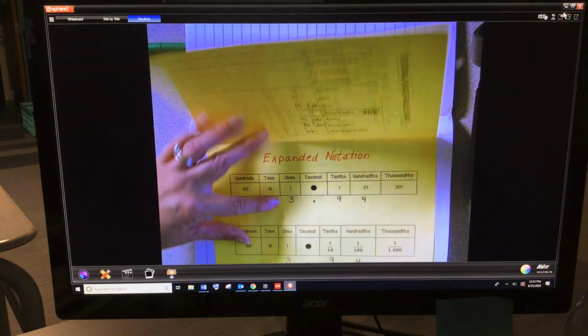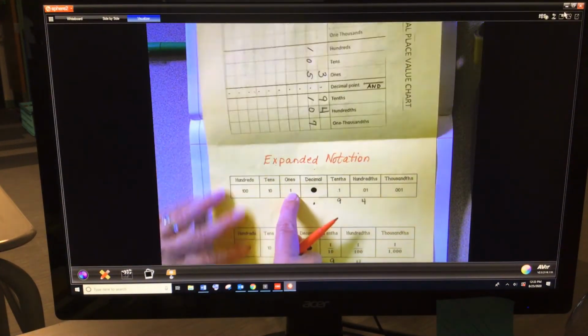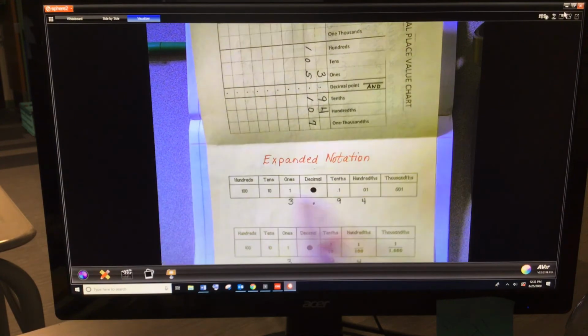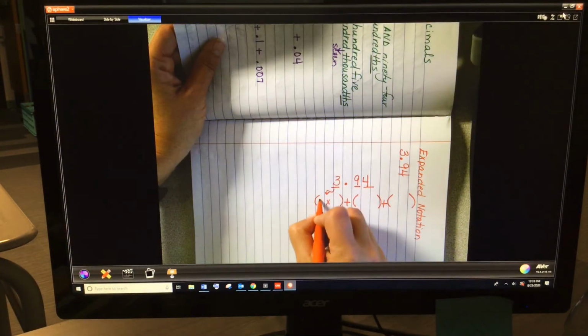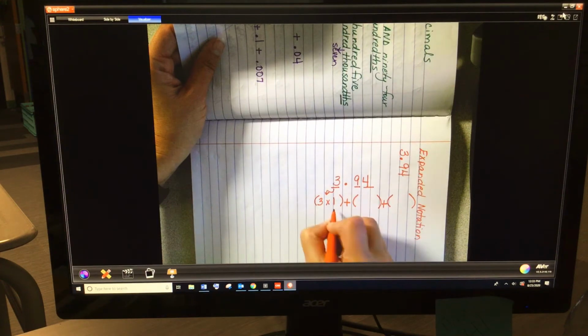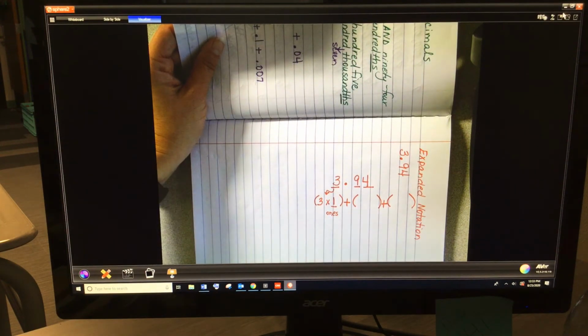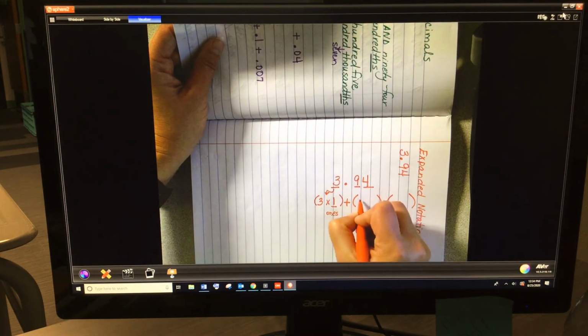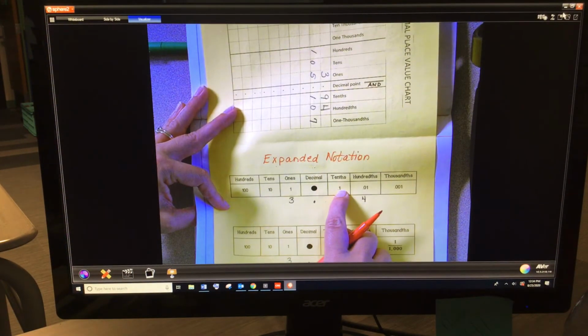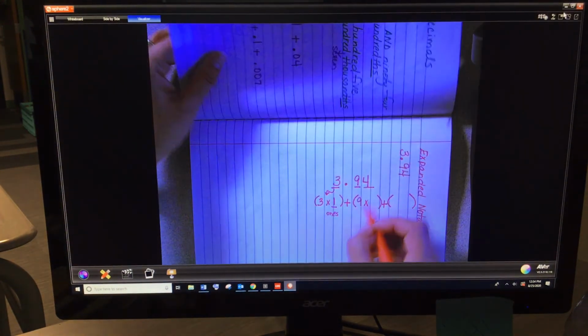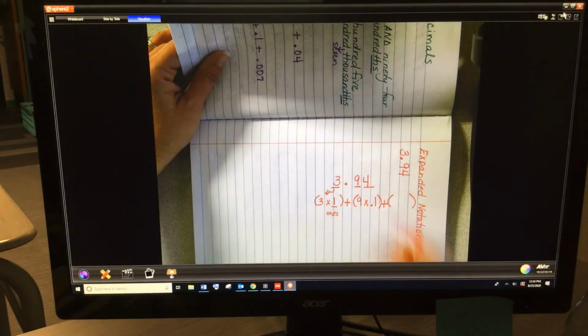What place value is it? It's 3 times what? 1, because we're in the ones place. Because this is the ones, we have 3 times 1. Okay, we're going to fill in 9 now. 9 times what? Well, what place value is the 9 in? The 9 is in the tenths. So we have 9 times 1/10.